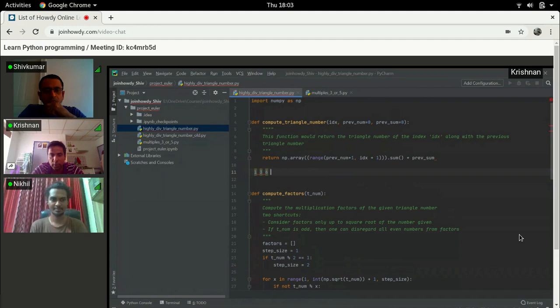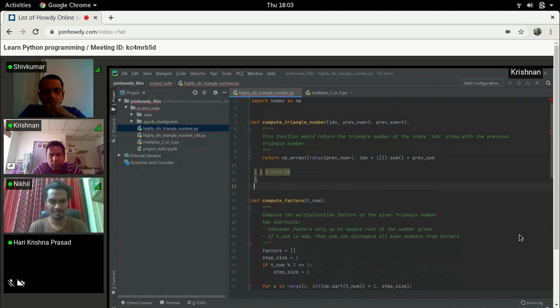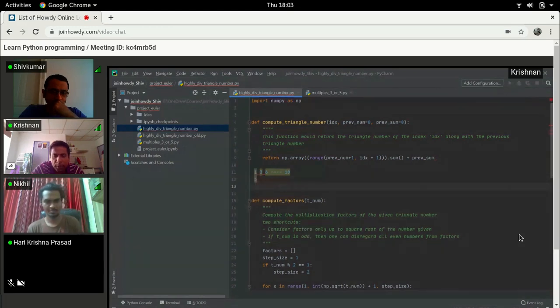So we give the previous number here, which will be 3, and the previous sum will be 6.